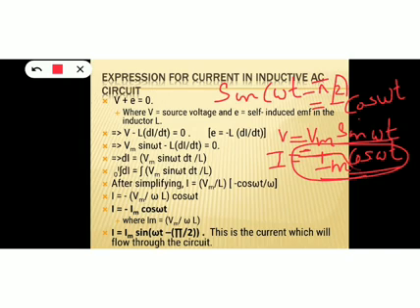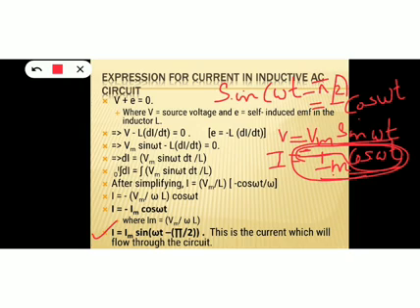Instead of this minus cos omega t, you can substitute sin omega t minus pi by 2. So you will get current I equal to Im sin omega t minus pi by 2. That is the expression. Now you can easily compare the expressions.